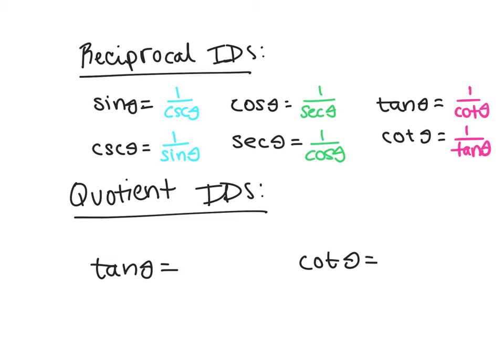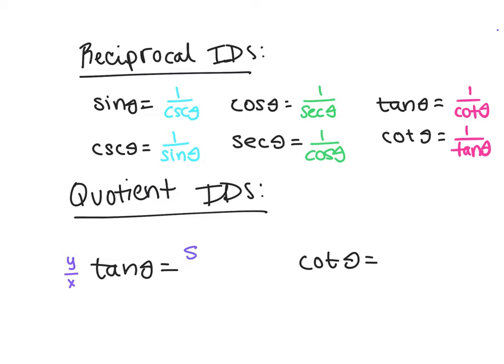The other identities that we'll have in this section are called quotient identities. Quotient, you should know, means division. So essentially these are representing tangent and cotangent as division. We know tangent is y over x. We also know y represents sine and x represents cosine.